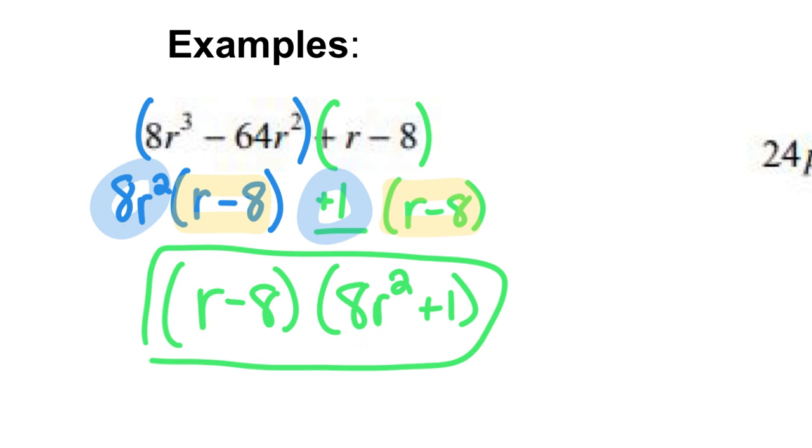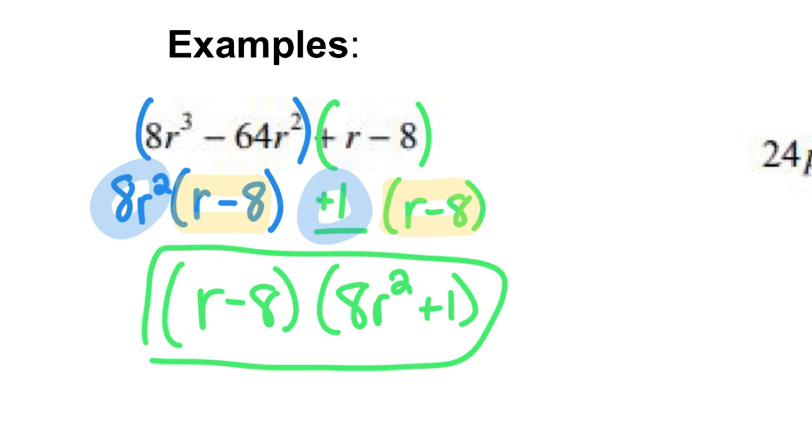R times 8r squared is 8r to the third. Check your last terms. Negative 8 times 1 is negative 8. And then at least we know the first two are going to be fine. And so hopefully the middle of it would have worked out the correct way as well. That kind of gives you a quick way to check and say, hey, yeah, this one will work for what I have going on here.